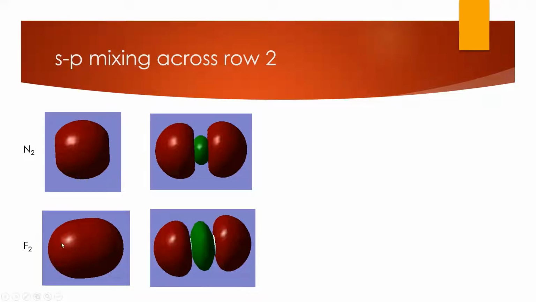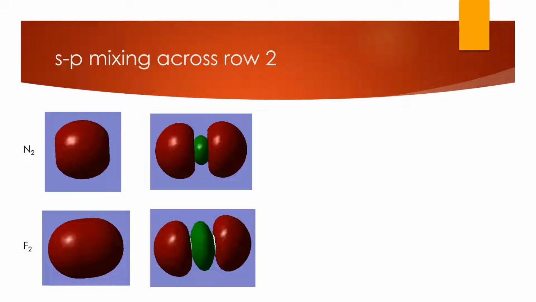Now, of course, in reality, it's not as simple a case of no mixing and yes mixing. However, above oxygen, so oxygen, fluorine, and diatomic neon, if we were to construct an MO diagram for that, those energies are so far away that we don't see enough sp mixing to change the way in which we're filling these orbitals.